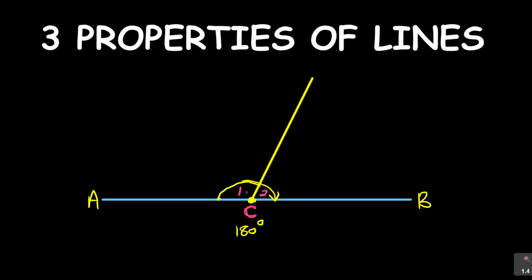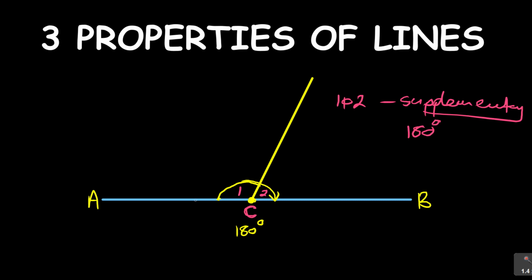Now what you'll need to remember when we're talking about the properties of lines is that angles on a straight line are equal to 180 degrees. If you look at 1 and 2, they've got a special name. They are said to be supplementary. What does it mean? If they're supplementary, it means they add up to 180 degrees.